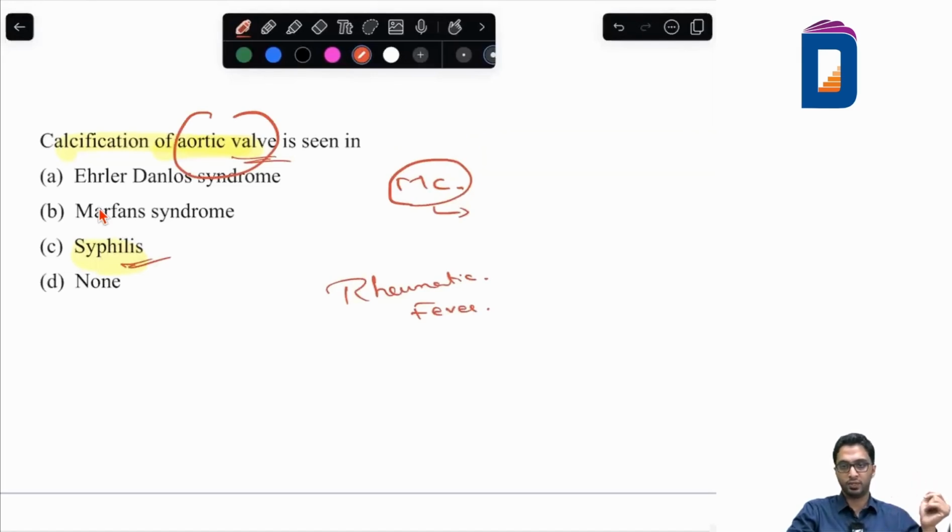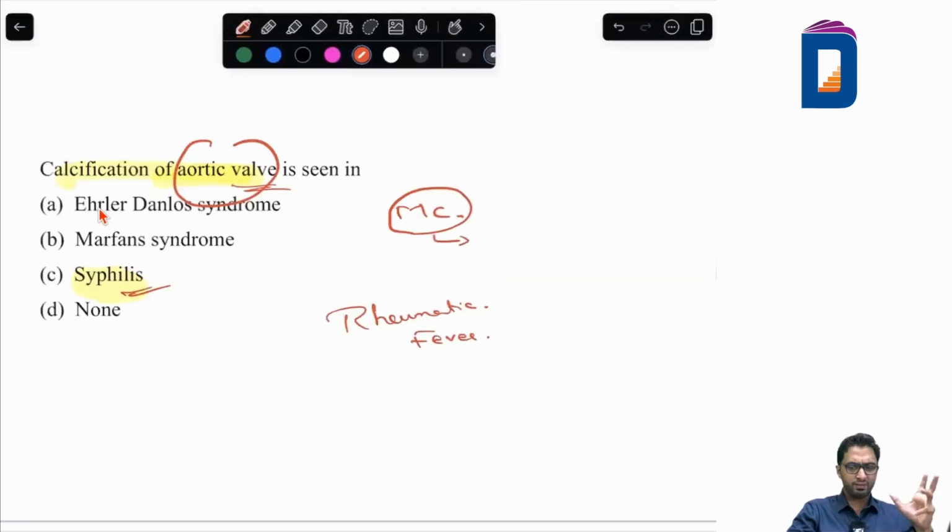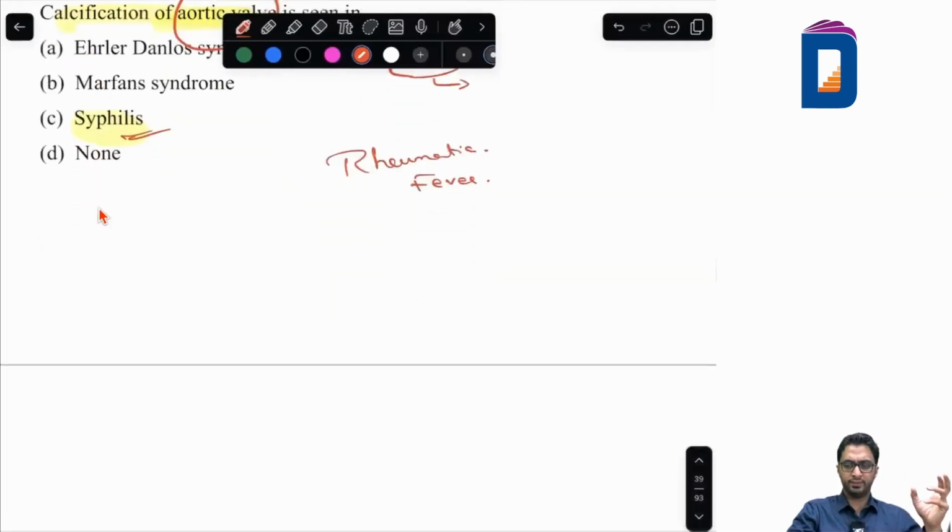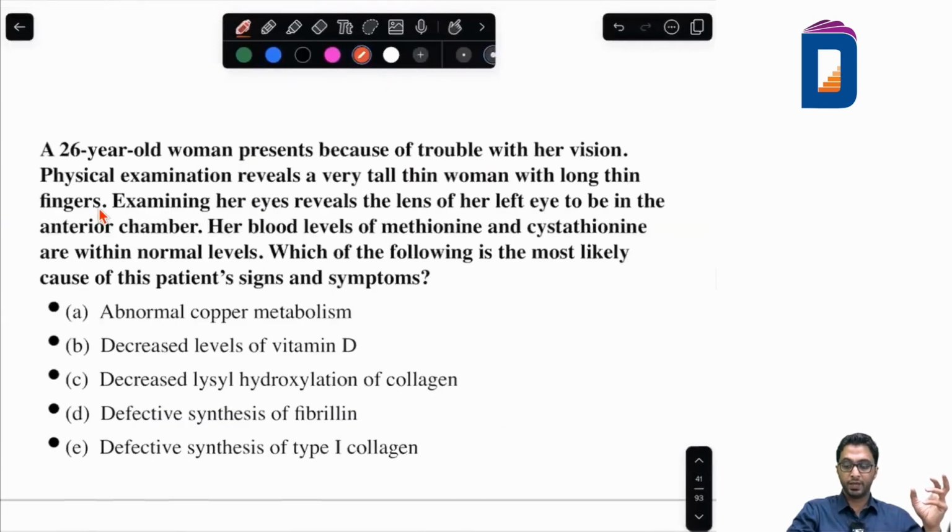Both of them are infections, so there is inflammation and scarring. Scarring leads to calcification. So just remember, calcification is more common when the aortic valve is infected.